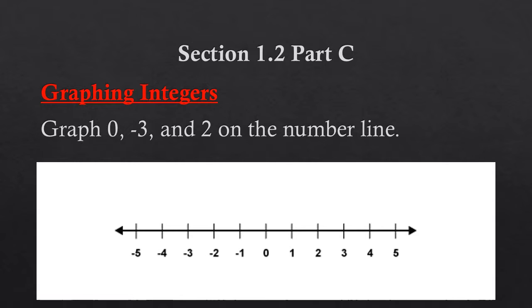Graphing integers. This is a very simple concept. All you need to do is find these numbers on the number line and put either an X, a dot, a box, or what have you to represent the graphing of the numbers. So where is 0? 0 is right here, so we will find 0 and put a point right there.